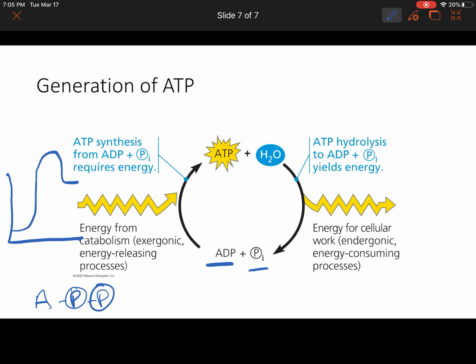ATP synthesis only happens during certain reactions of metabolism, and that's going to be the subject of chapter 7. But it doesn't just happen. An ADP and a phosphate don't just bump into each other in the cytoplasm and automatically join to make ATP. It requires an input of energy to do that.